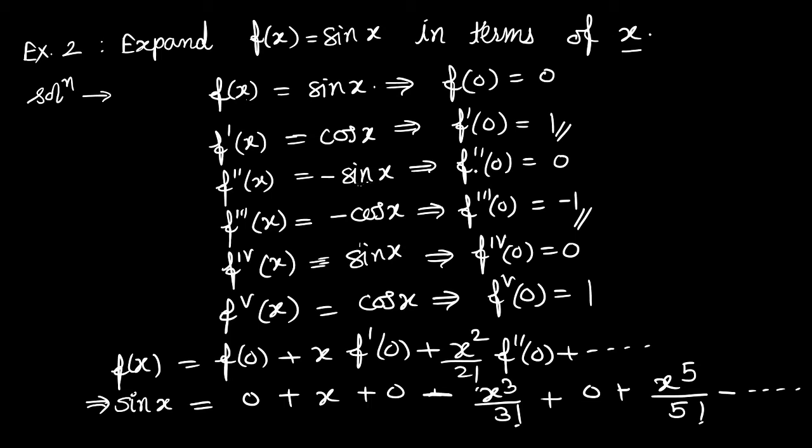Whenever there is a sine term, its value is 0, therefore here 0, 0, 0. We find out minimum three terms here: f dash of 0, then f triple dash of 0 and f fifth derivative of 0. Now we substitute in the Maclaurin series.